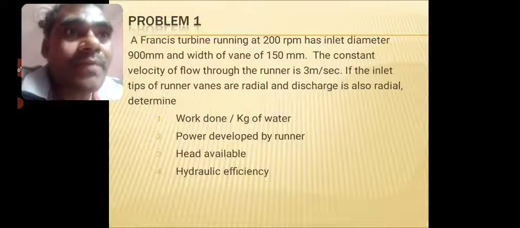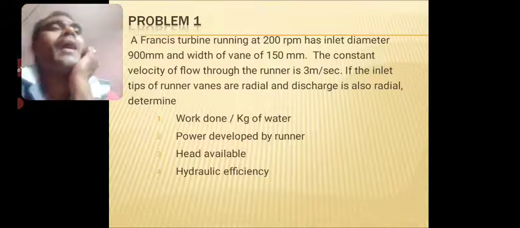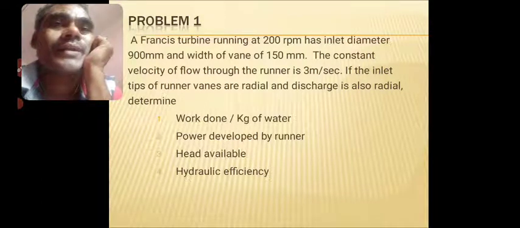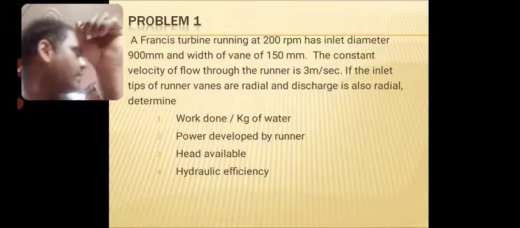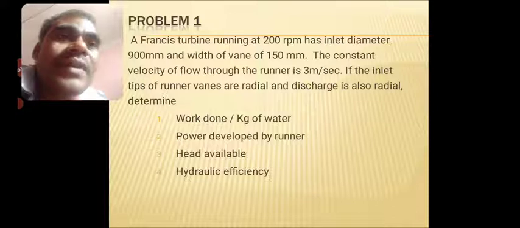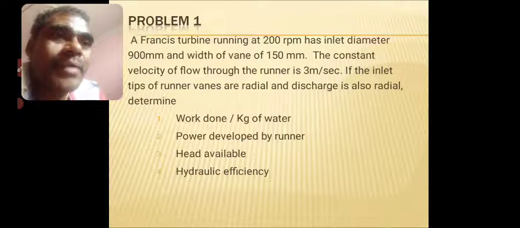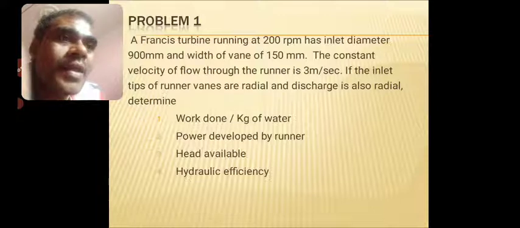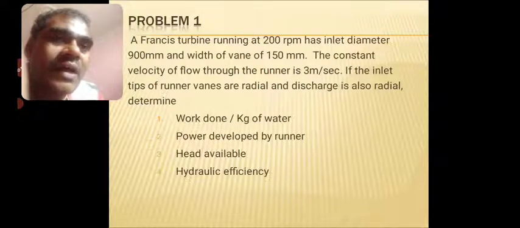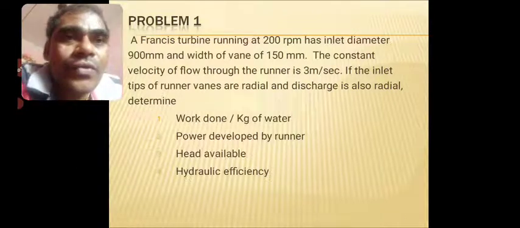A Francis turbine running at 200 rpm, this is the N, and capital D1, the inlet diameter, is equal to 900 mm, and width of vane of 150 mm, this is B1. The constant velocity of flow through the runner is 3 meter per second. This is constant velocity, means Vf1 and Vf2 are the same.